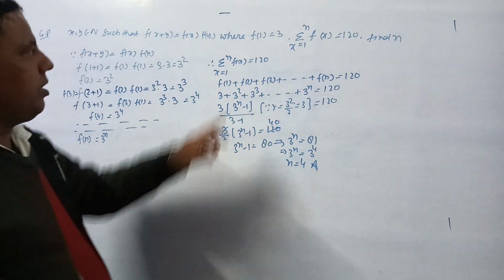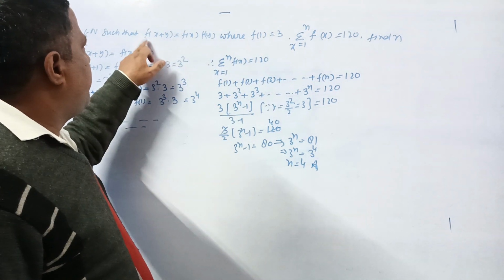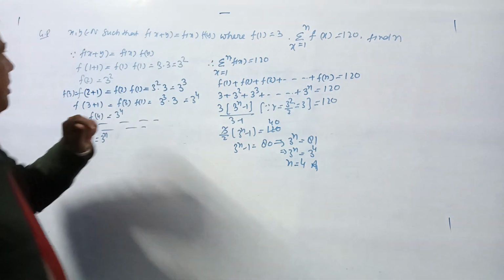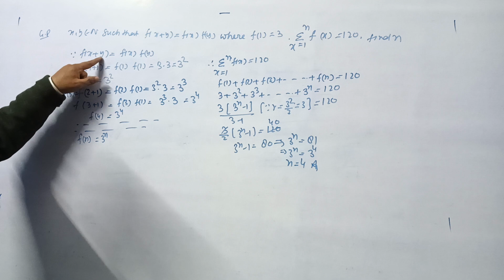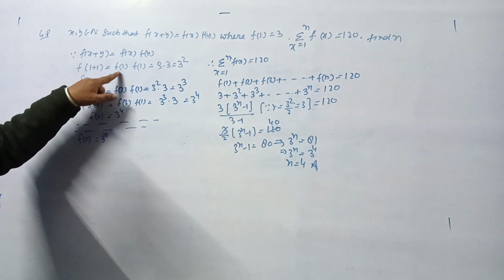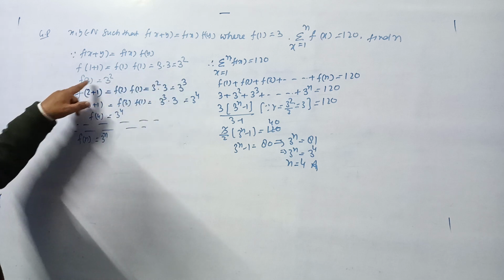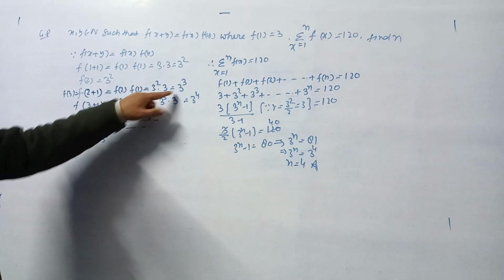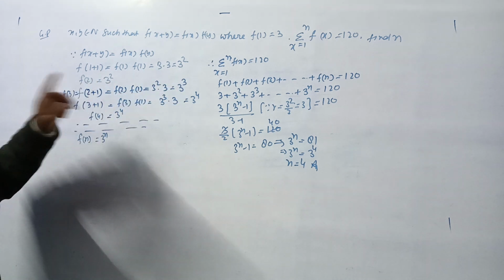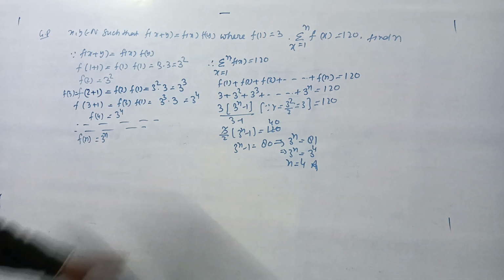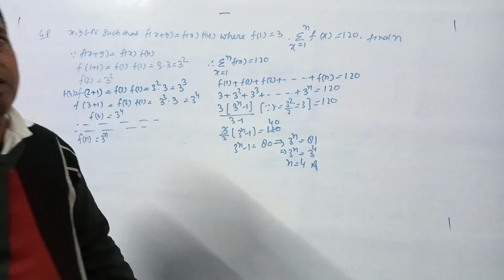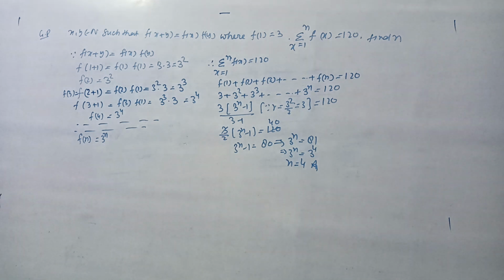Again, f1 is given, and f(x plus y) equals f(x) f(y). Replace x, y with 1, 1, so f2 is f1 f1. f1 is 3, f2 is 3 square. Similarly f3 is 3 cube, f4 is 3 power 4, fn is 3 power n, and we apply the formula to get the answer.